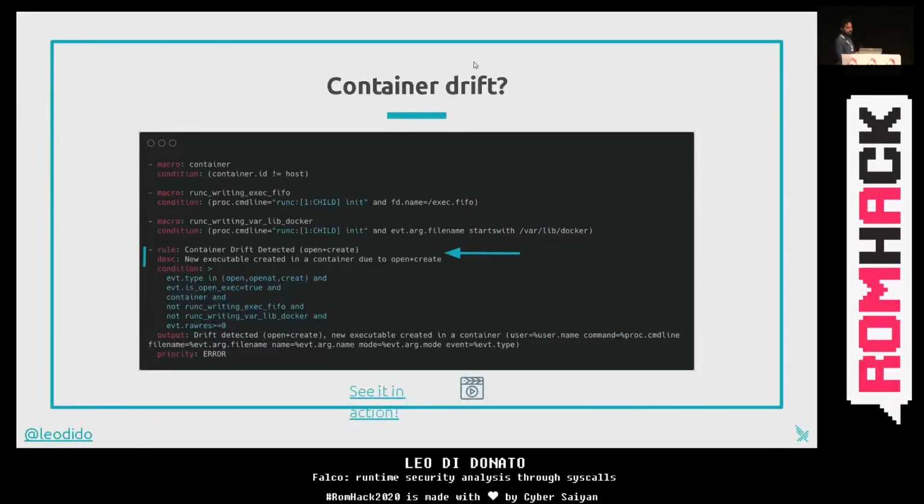Let's now see this. This is another example of abnormal activity detected by Falco. I'm referring to a very, very common remote code execution use case called container drift. This means that in some way, someone changed things in the container image, changing the immutability of the container image, as I was saying before.